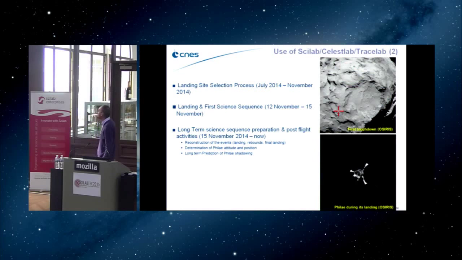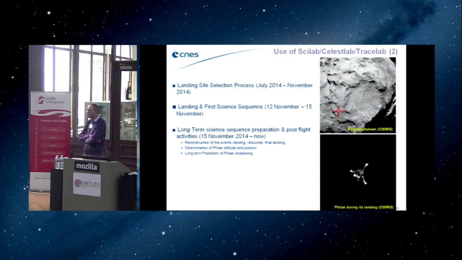For the operation itself, we use it for the landing site selection process, so really a lot. For the landing and first science sequence. And now the lander is hibernating. We hope that in the future we will have more light and it will wake up.